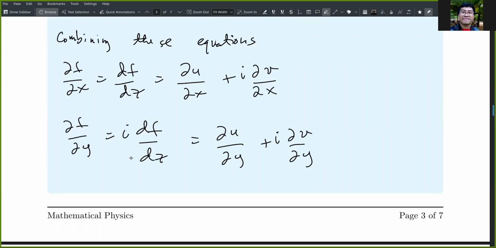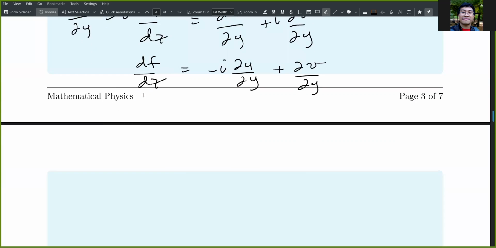For this second equation, we multiply both sides by minus i, so df by dz equals minus i partial u with respect to y, minus i times i, that's plus 1, so plus partial v with respect to y. The goal here is to have two expressions for the derivative of f with respect to z.